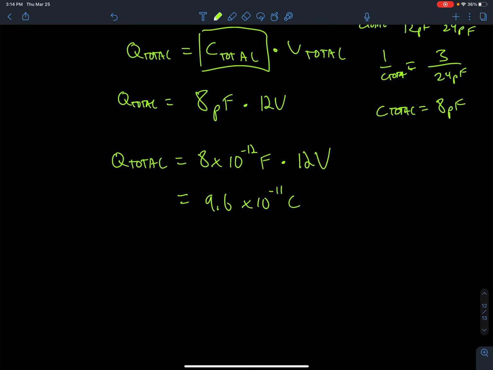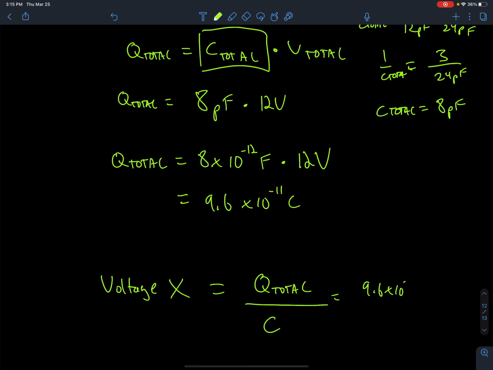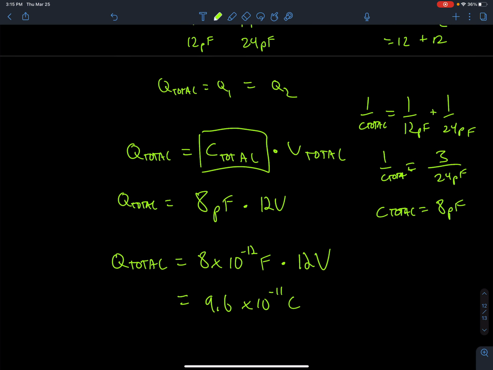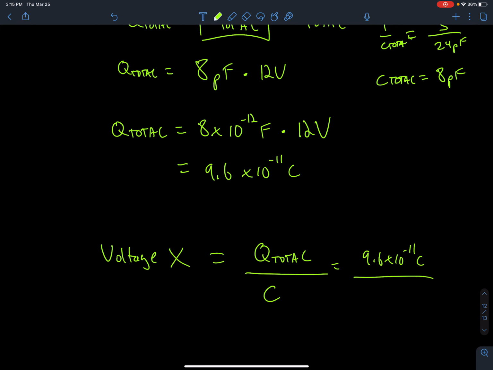So the voltage across X is going to be equal to Q total divided by the capacitance of that component, okay? So then Q total, we said, was 9.6 times 10 to the minus 11 coulombs divided by 12 picofarads, so 12 times 10 to the negative 12.